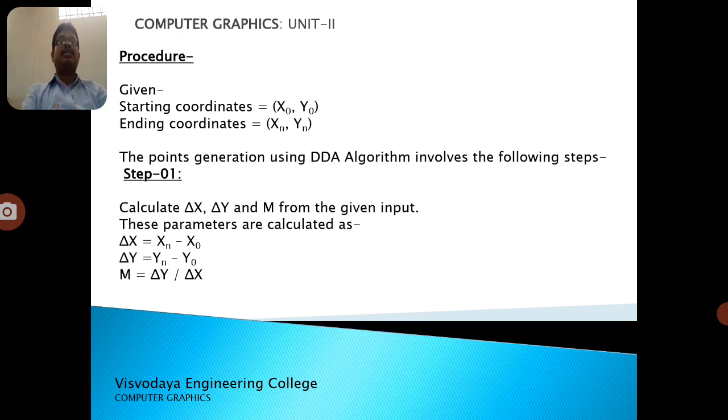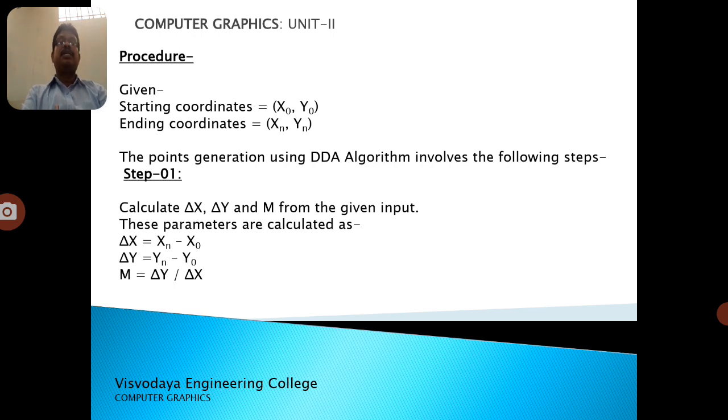Now this algorithm mainly focuses on finding some factors like delta x, delta y and the m value, where delta x is the difference of the x coordinates, and delta y is the difference of the y coordinates.